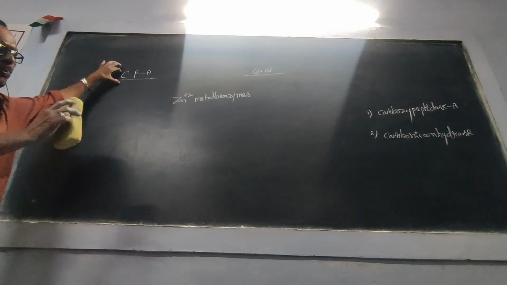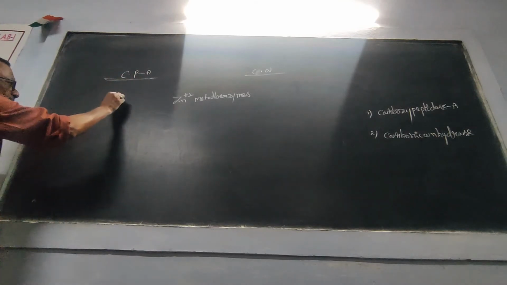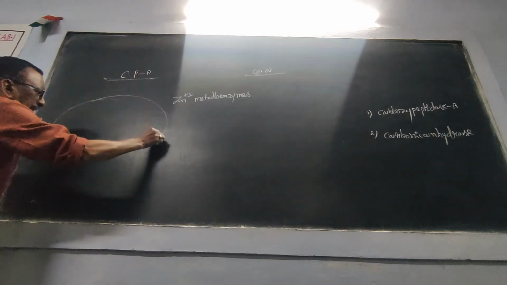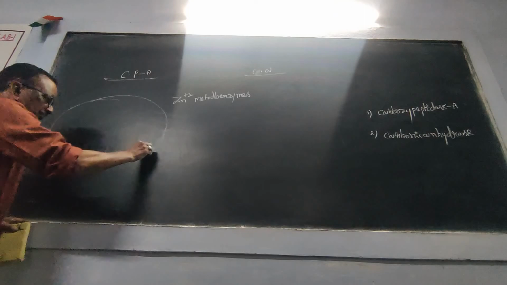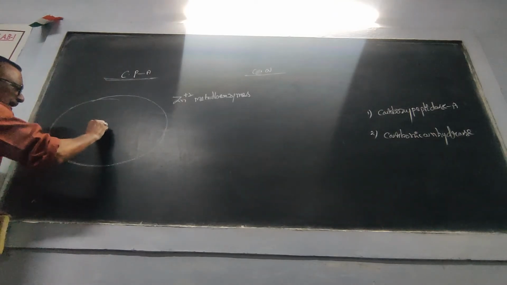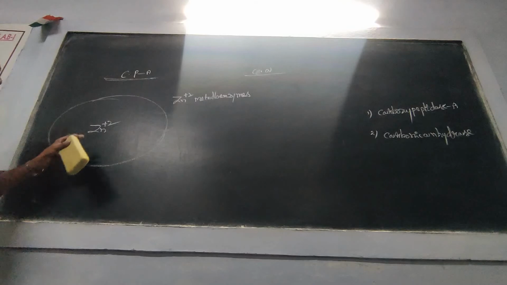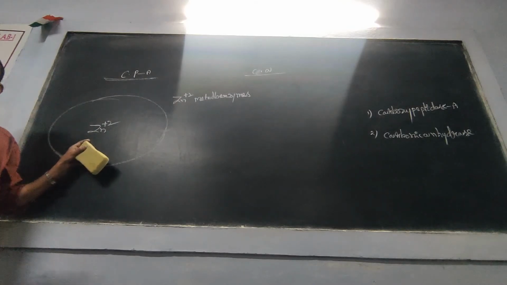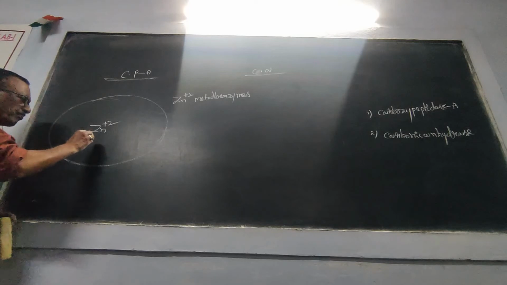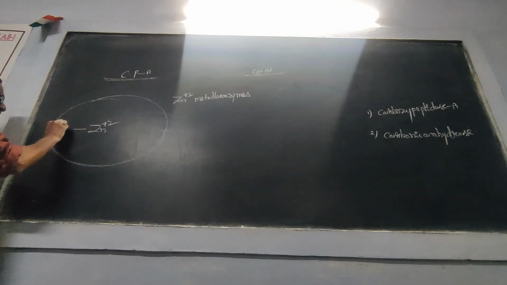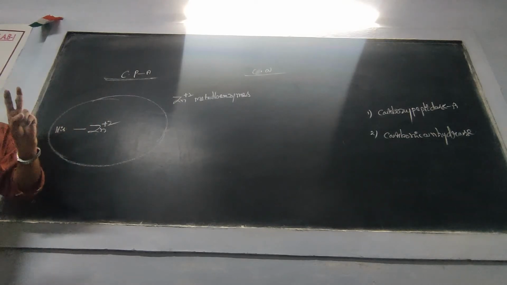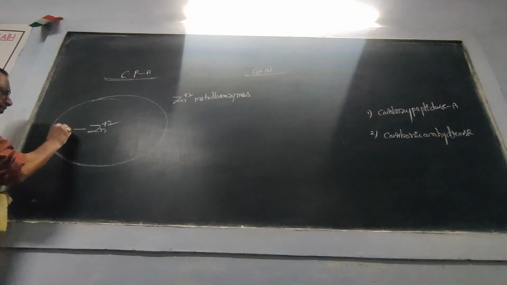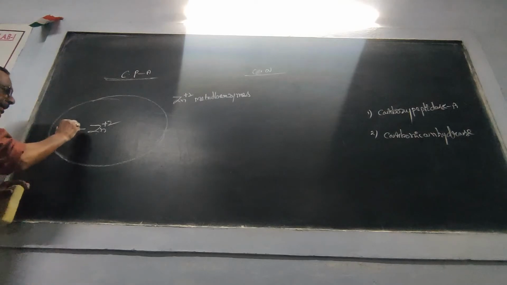Now this carboxypeptidase actually has an egg-like structure, like this. So here we have zinc +2. And here the coordination number is 4. So on one side it is linked with 2 histidine amino acids. In histidine, the nitrogen atom is the donor atom.